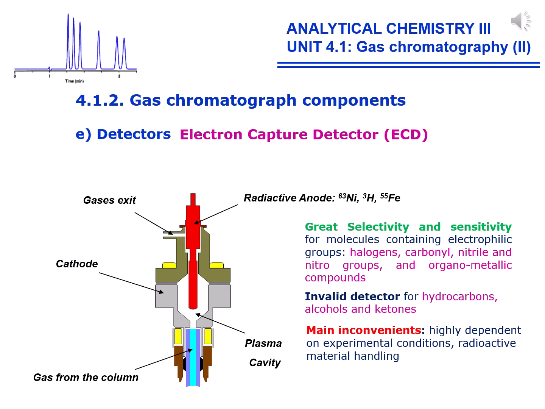Then, this detector is mainly used for molecules containing electrophilic groups, like halogens, conjugated carbon groups, nitrile groups, nitro compounds, and organometallic compounds. On the other hand, it doesn't detect hydrocarbons, alcohols, and ketones.